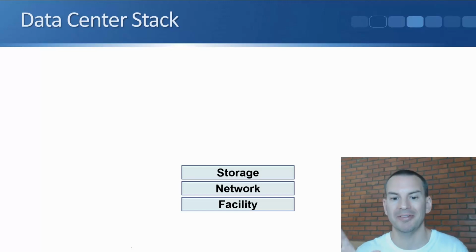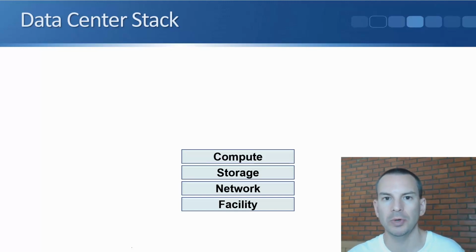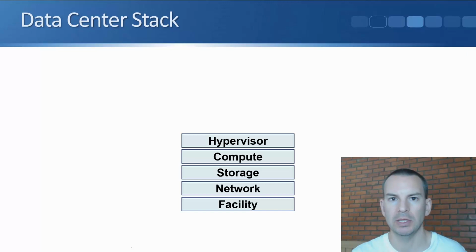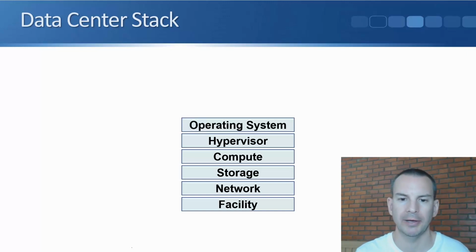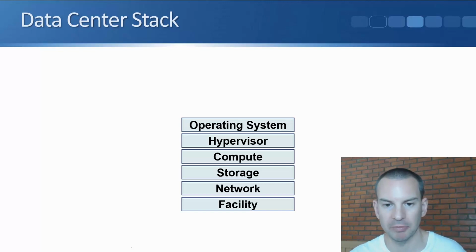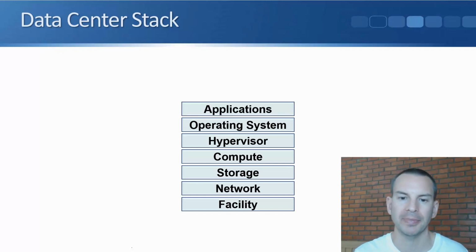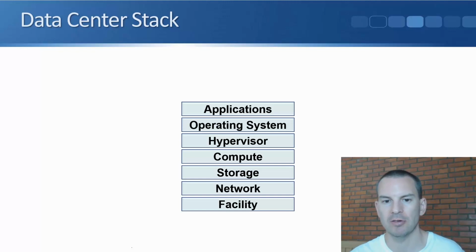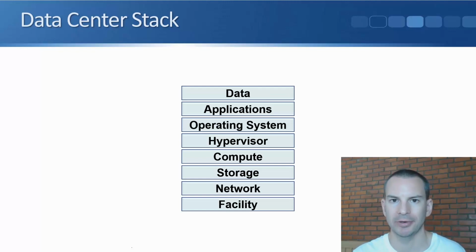By the way, we're talking about physical things at these levels right now. Then we have got compute, which is our servers. Then the hypervisor on top of there, so getting into the software level now. Then on top of the hypervisor, we've got the operating system. Then we've got our applications, and finally our data.